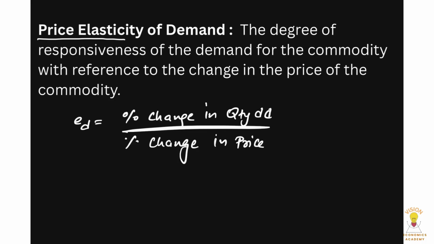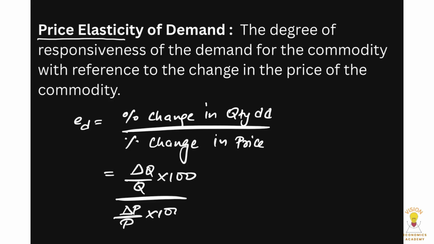Now, change in Q by Q into 100 divided by change in P by P into 100. We can write like this. Whatever the response is in the demand of a commodity with respect to the change in price, that is the price elasticity of demand.